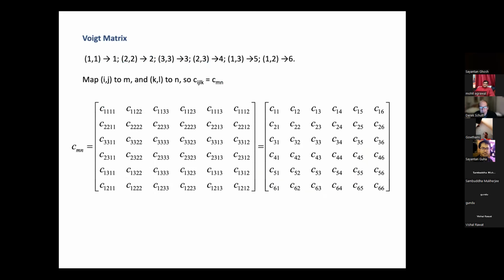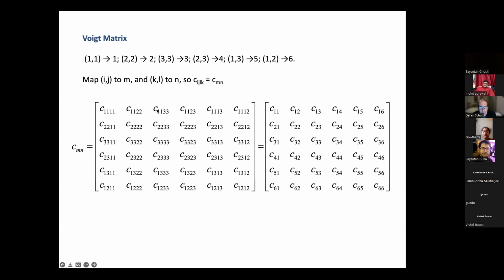To describe anisotropy, a useful tool is the Voigt matrix. So recall our elasticity tensor has 81 components, 21 are independent. And what we do is we portray the elasticity tensor as a 6x6 Voigt matrix.